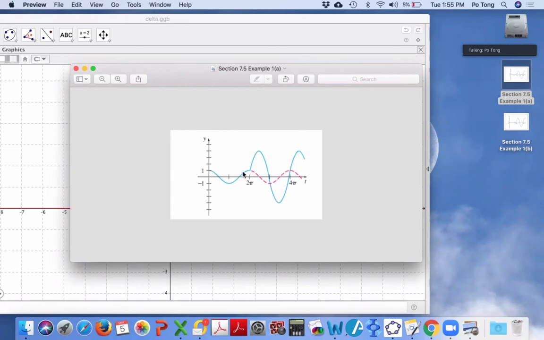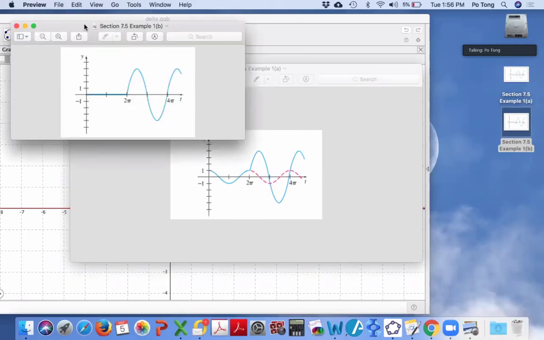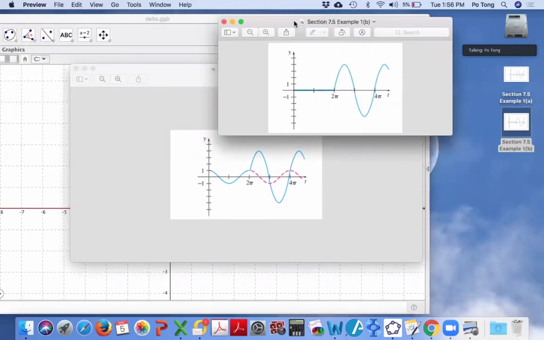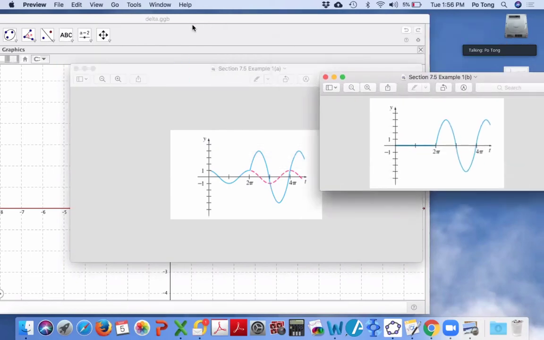So that's really what I have. I do have another picture here. This picture corresponds to a situation where at the beginning, you release it from the equilibrium position.